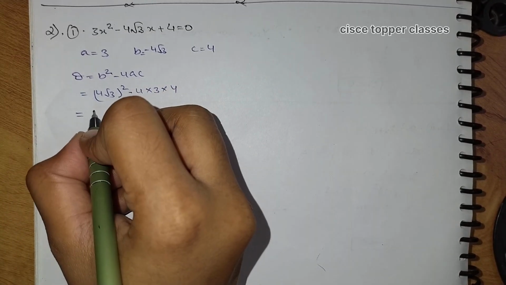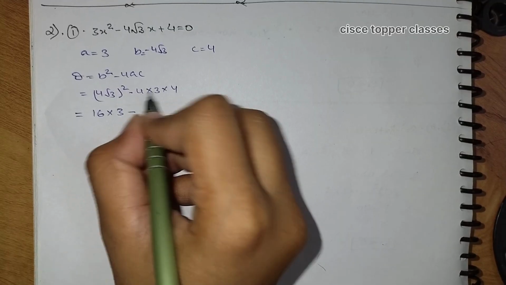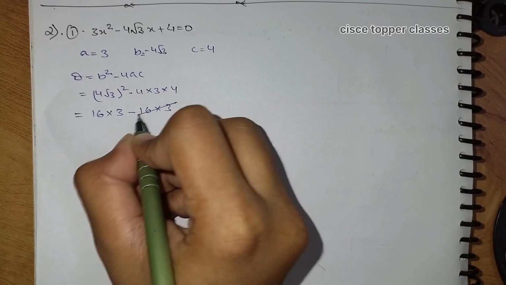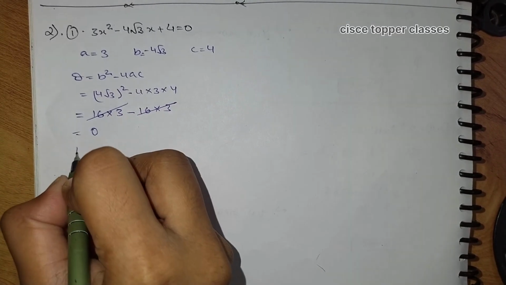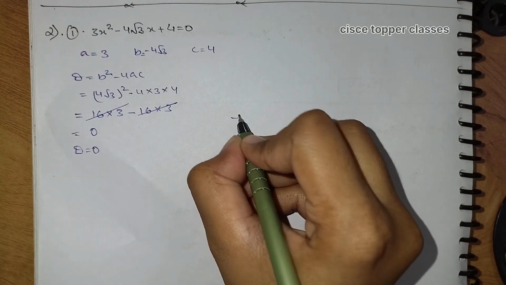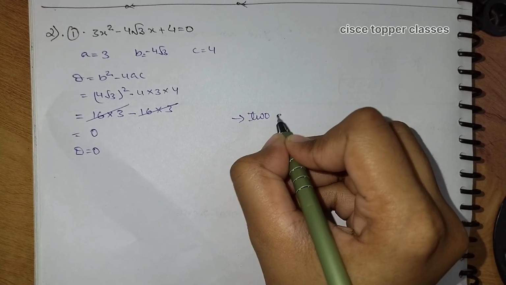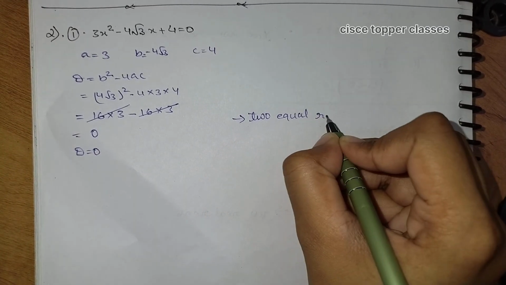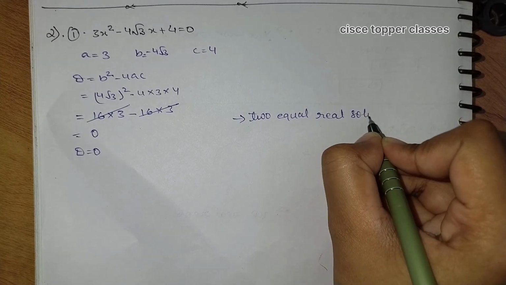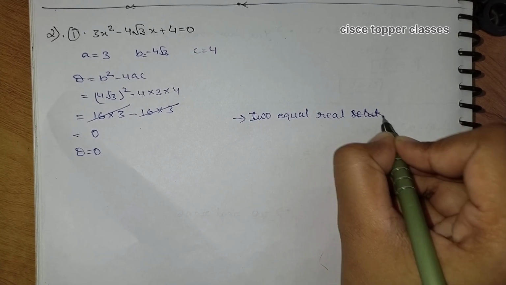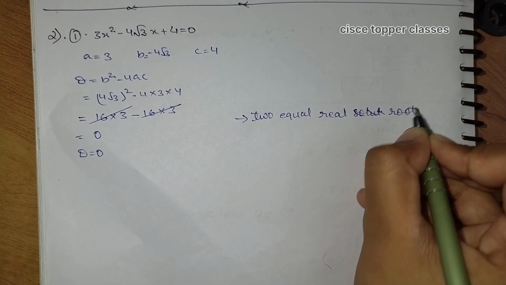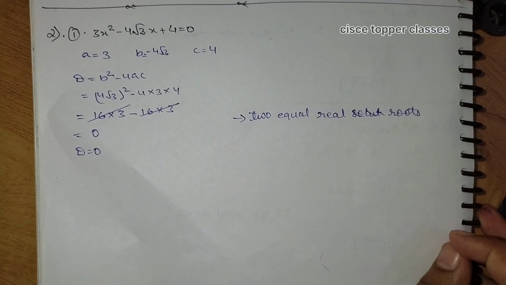That will become 16 into 3 minus 16 into 3. This will cancel out and we will get the discriminant as 0. Hence we will get two equal real roots. So this is the final solution of question number 2 first part.